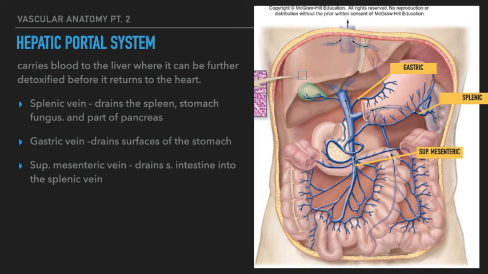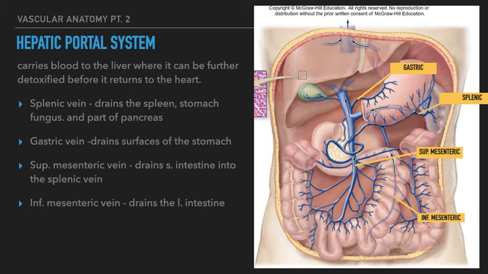And its termination is behind the neck of the pancreas. The superior mesenteric vein combines with the splenic vein to form that hepatic portal vein, which I'll indicate in a second. The inferior mesenteric vein drains away from the descending colon, rectum, and sigmoid, which are all parts of the large intestine.